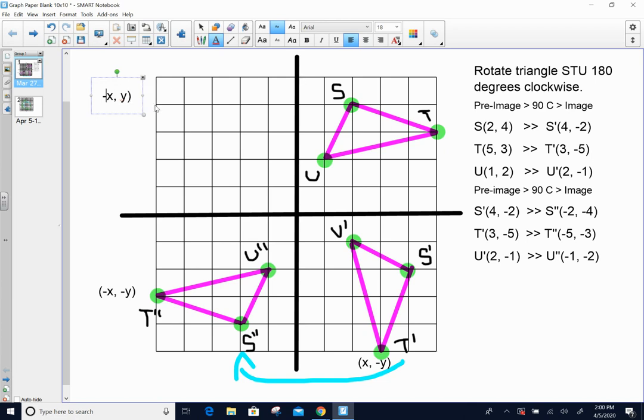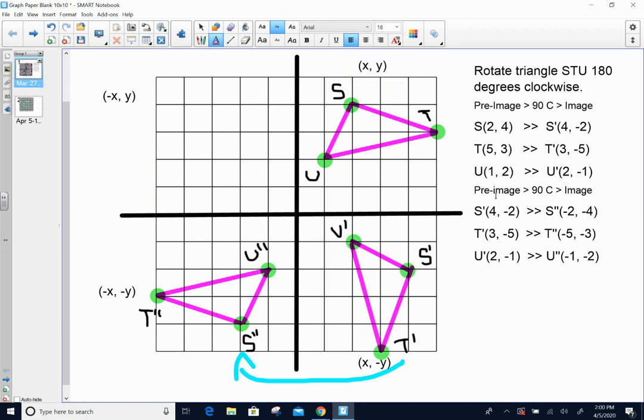So you would just need to make sure that you've got the right positive and negatives for your X and for your Y. All right, and then this quadrant where we started, those are all positive X's, and they're also positive Y's.